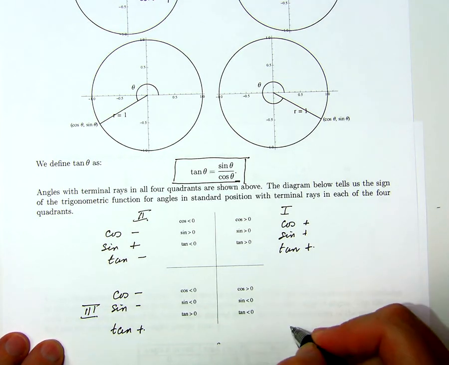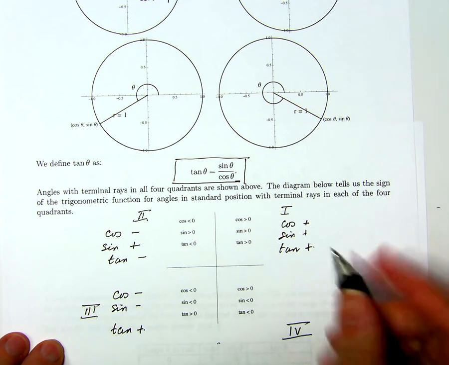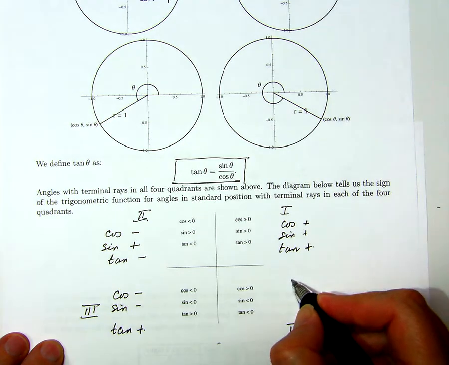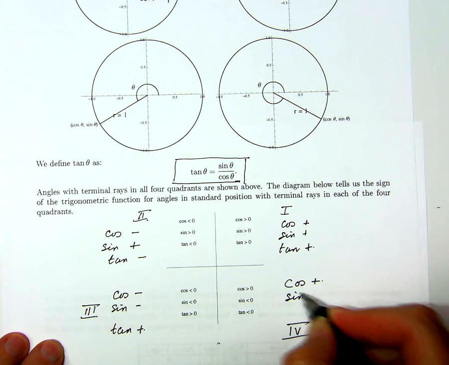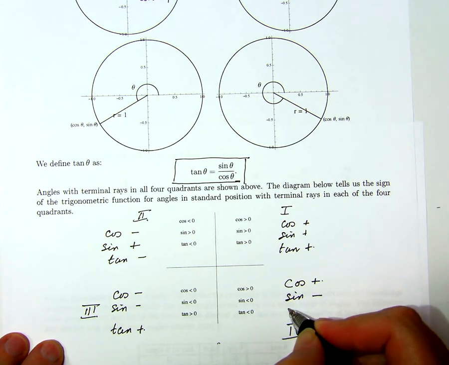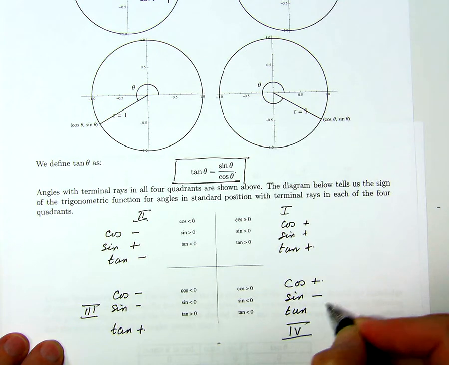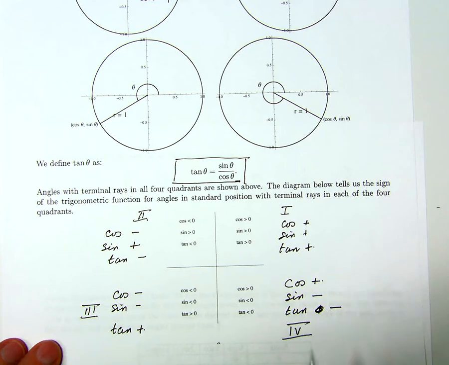And for angles with terminal rays in the fourth quadrant, the x coordinates are positive, so cosine is positive. The y coordinates are negative, so sine is negative, and tangent is a minus over a plus, and so that's going to be negative.